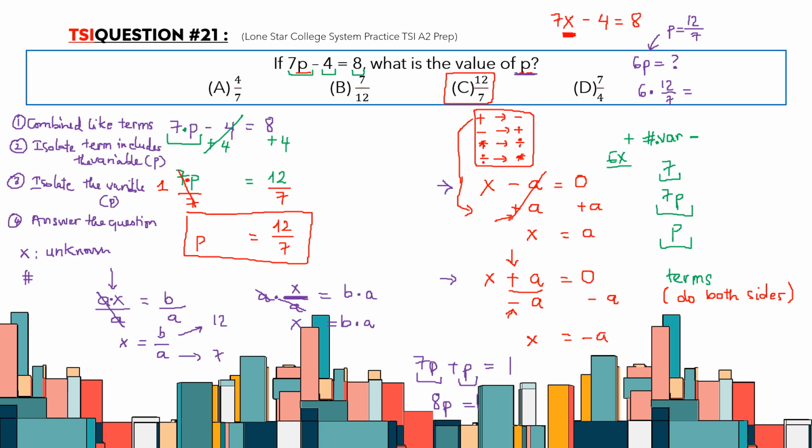And then the answer will be different. But in this case, we answer the question because they're only asking for the p value. So we just say, hey, p equals 12 over 7, and the answer should be C.